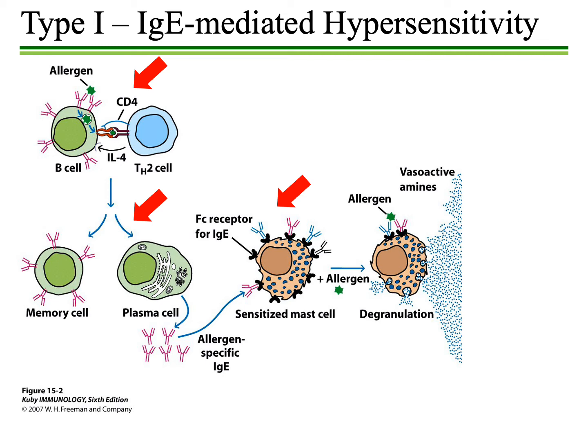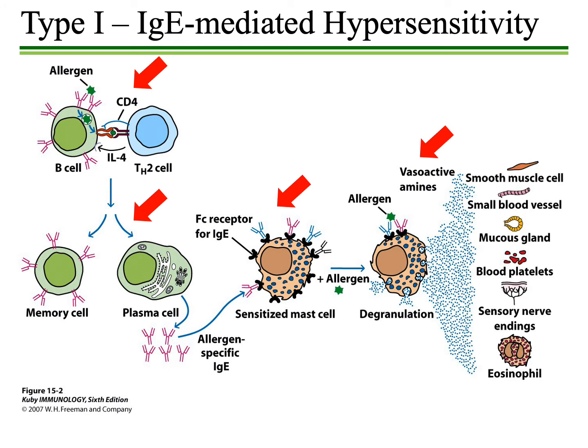After the first exposure, you get the sensitized mast cell or basophil, cells that are waiting for the next exposure to the allergen to trigger the degranulation event. Upon a second exposure, you see cross-linking of the allergen to the bound IgE, which then triggers the release of the vasoactive amines found within the granules.